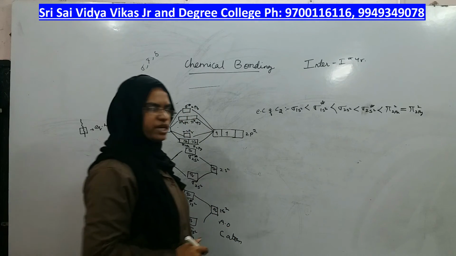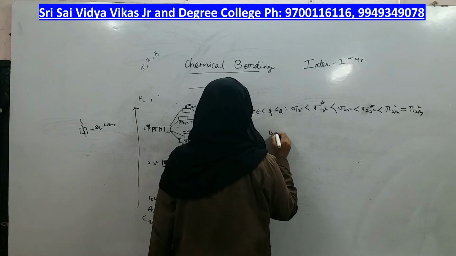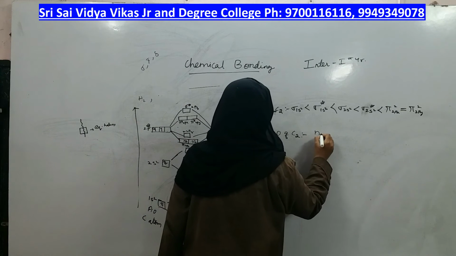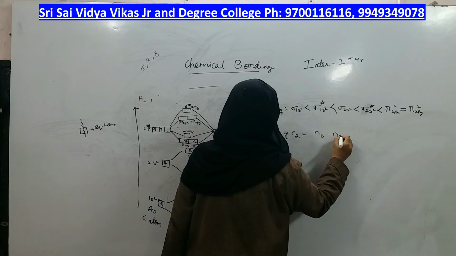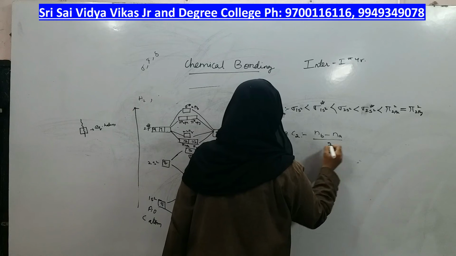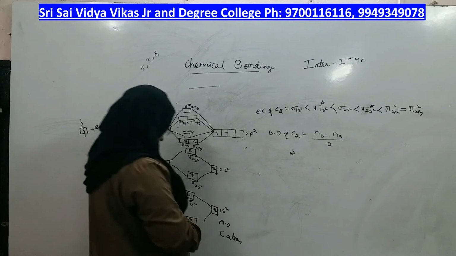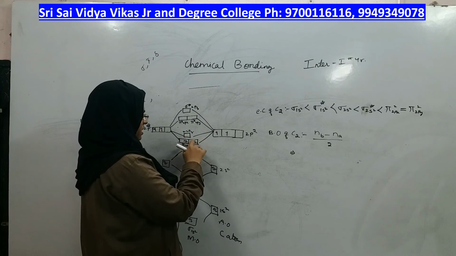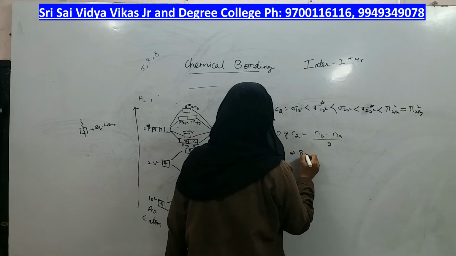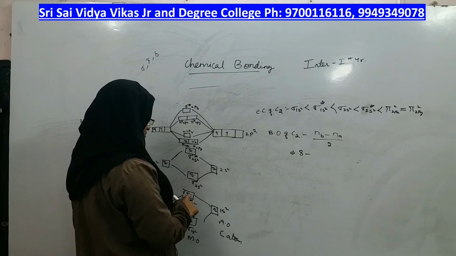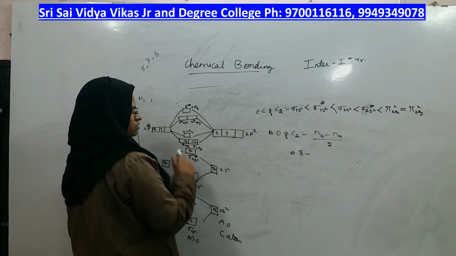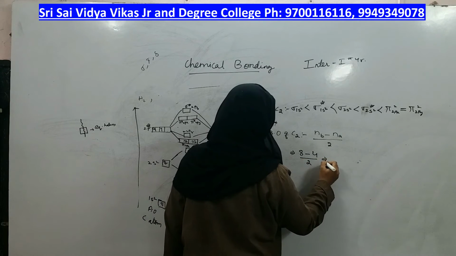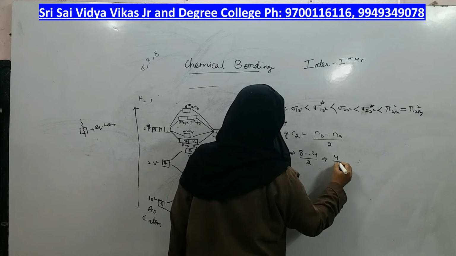Now let us calculate the bond order of the carbon molecule. Total number of bonding electrons minus total number of anti-bonding electrons, divided by 2. 1, 2, 3, 4, 5, 6, 7, 8. 1, 2, 3, 4, no more. 8 minus 4 is 4, by 2.